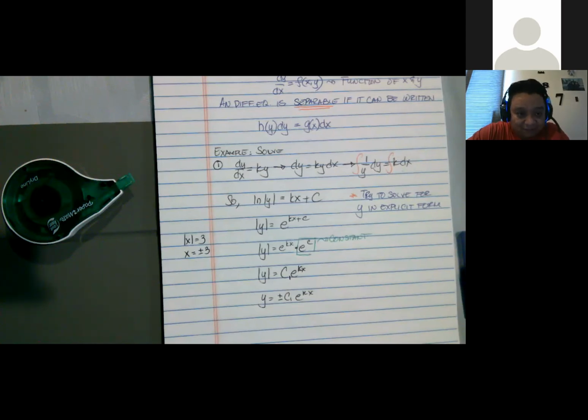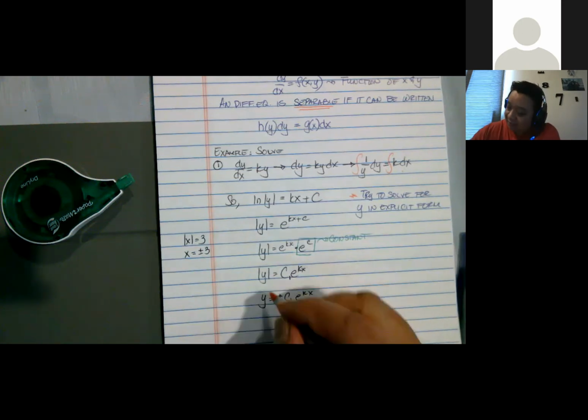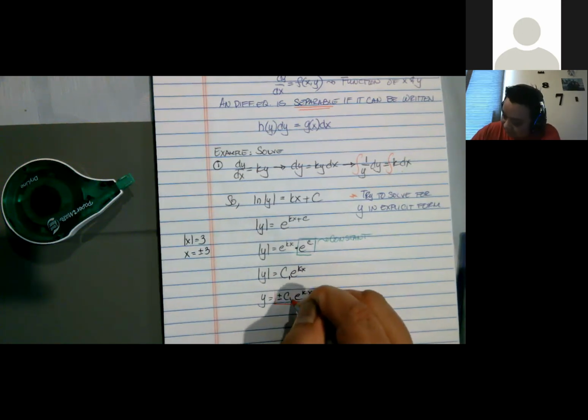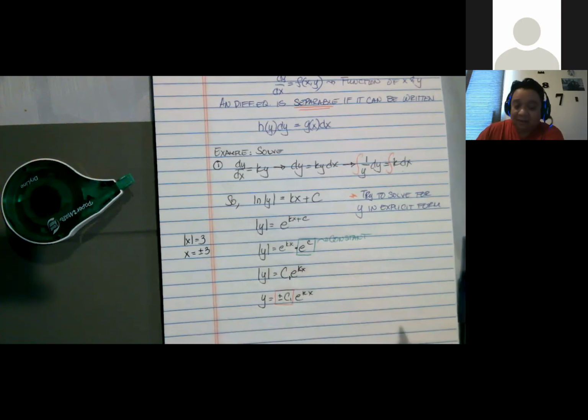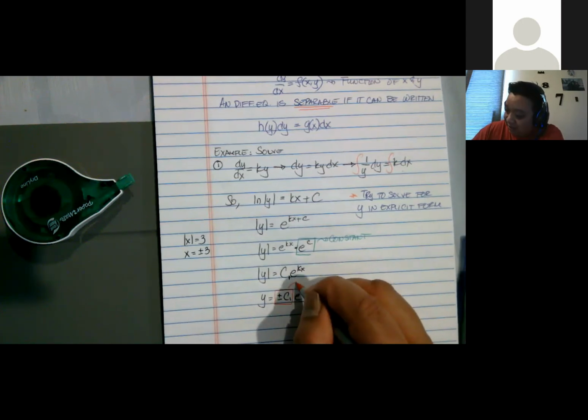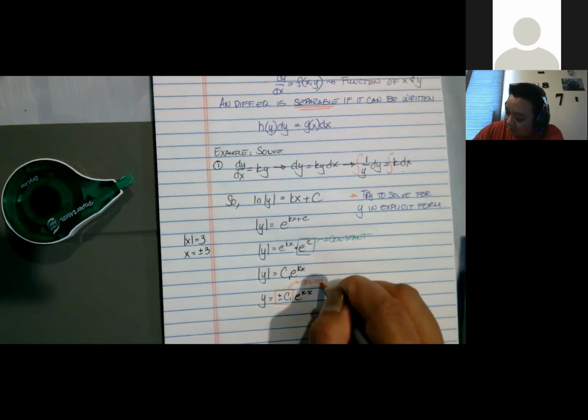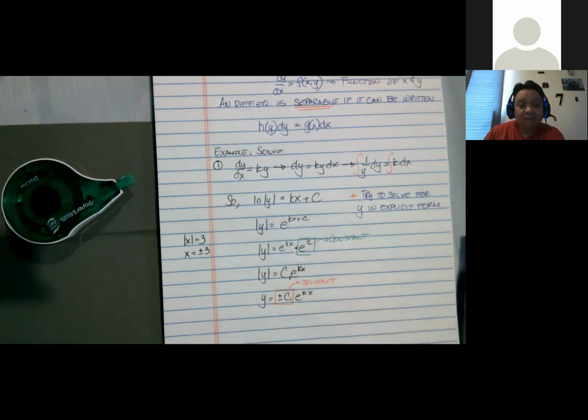Questions? And again, plus or minus c1 is just another constant. So that plus or minus gets absorbed and we just call it a new constant.